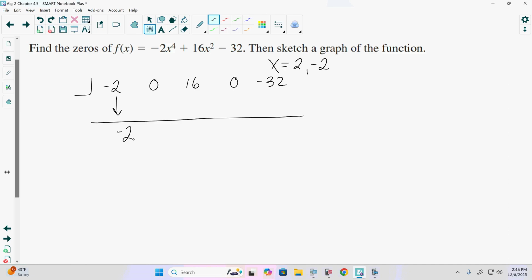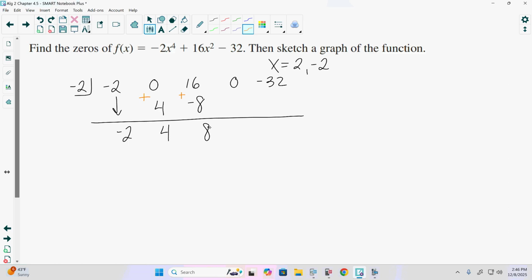Which one do we want to try first? Negative 2 or 2? Negative 2. And let's do the synthetic division. So negative 2 times negative 2 is positive 4. 0 plus 4 is 4. Negative 2 times 4 is negative 8. 16 plus negative 8 is 8.